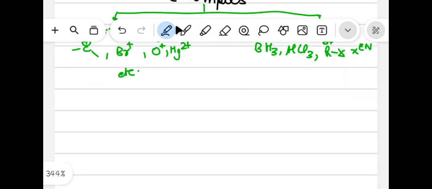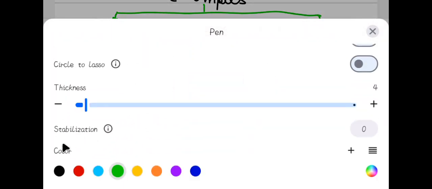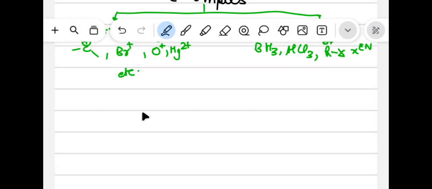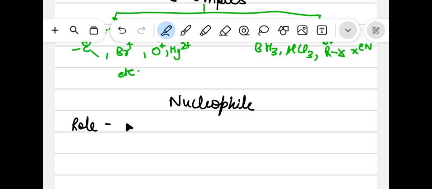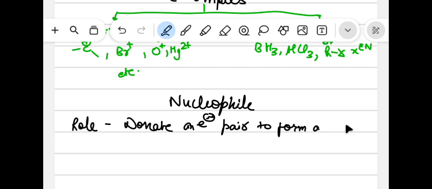Next, we are moving to the next definition, that is nucleophile. So, the role of a nucleophile is to donate an electron pair to form a new covalent bond.